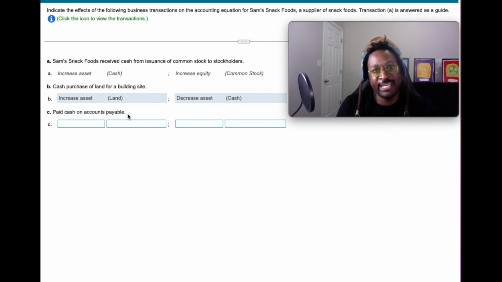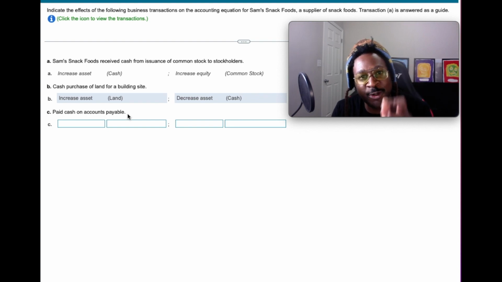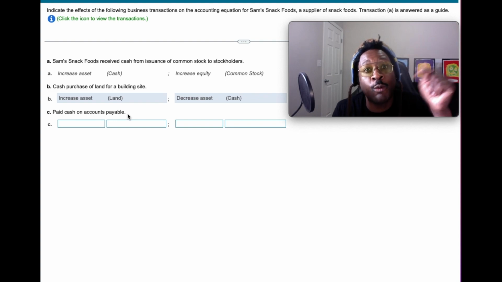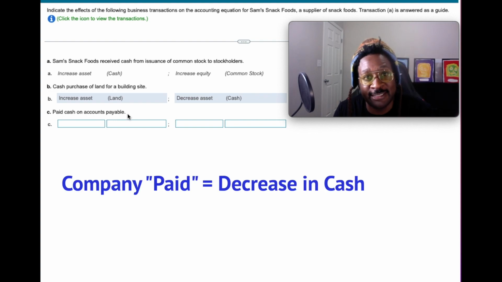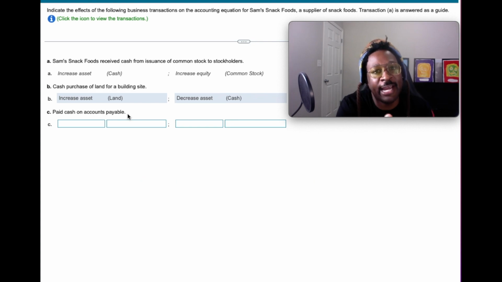Keywords: paid, accounts payable. Now, gang, anytime you see the word paid in a transaction and the company is paying, cash will always go down. Remember that tip, okay? So we know cash is an asset and it's decreasing, and we're already halfway there from the keyword. So what was the other keyword? Accounts payable. Now, anytime you see the word payable, it's a liability.